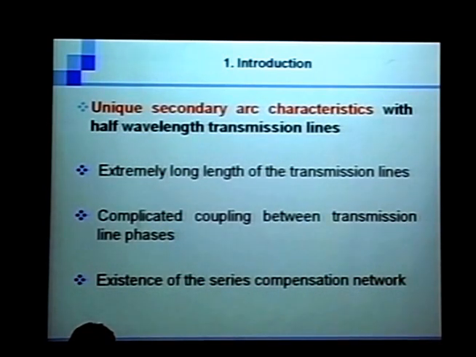So that's why we try to carry out experiments, and also because of the factors due to the extremely long length of the transmission lines, the complicated coupling between transmission line phases, and the existence of the series compensation network, which may be called an adjusting network or something else.